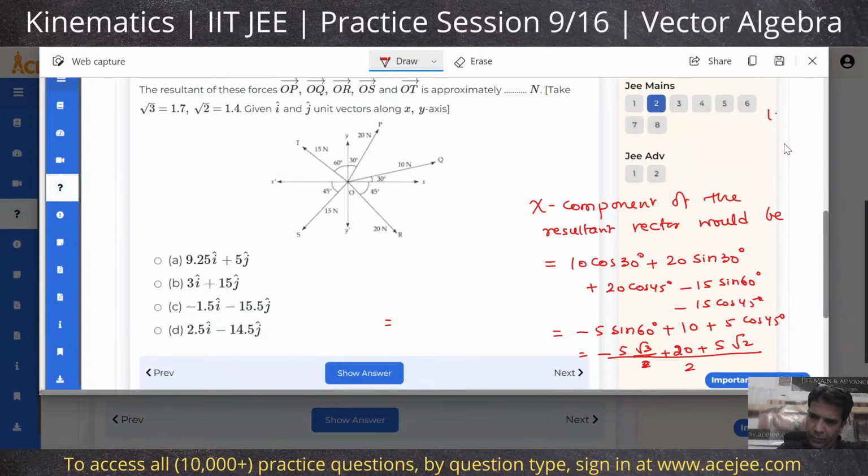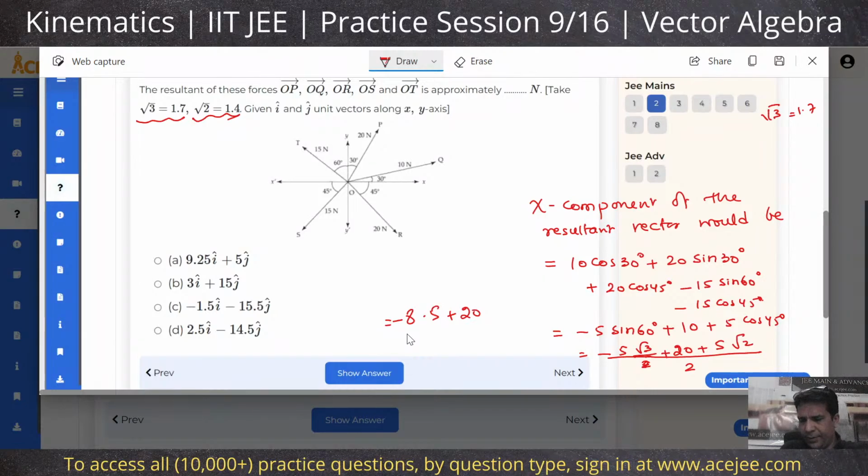So the 10 minus 2.5 into root 3 minus root 2 आ जाएगा. Okay. Given here root 3 is 1.7 and root 2 is 1.4. So let's stick to that. So what do you get? So minus 5 root 3 is... इनमें से 5 कॉमन लेंगे तो ज़्यादा इजी होगा.